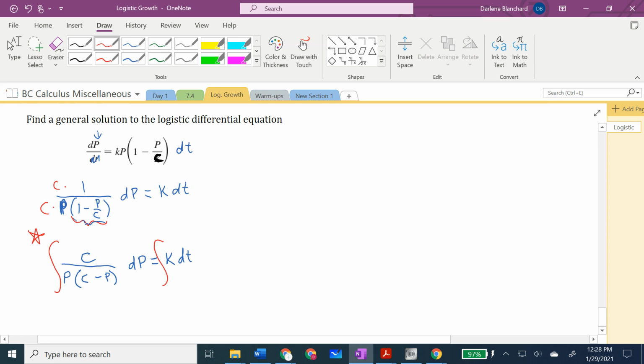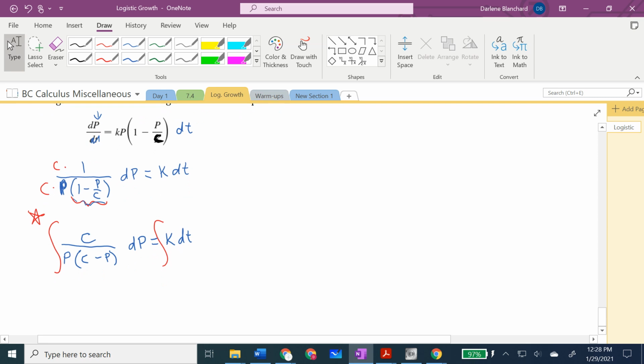I'm going to integrate the right side first because it's nice and simple. What is the integral on the right side? Yep, kt. Now, when I put my unknown constant, I don't want to put plus c. I think that's why the textbook used a capital K. But what I'm going to do is put plus, and I'm just going to use a letter.